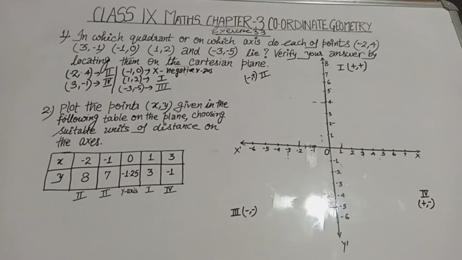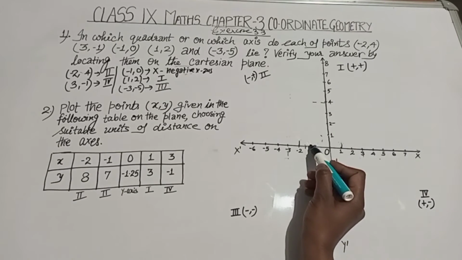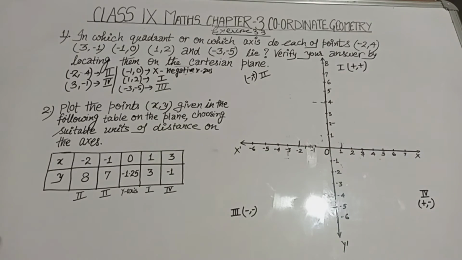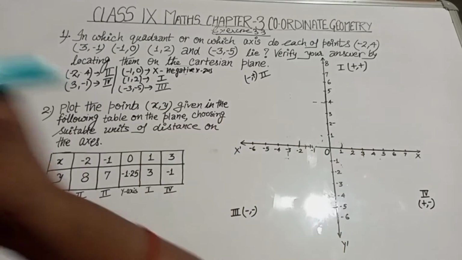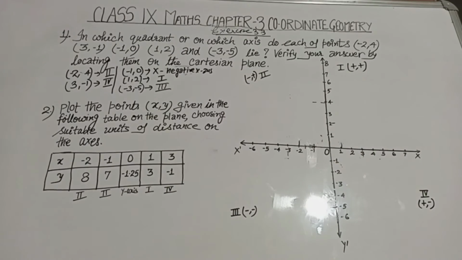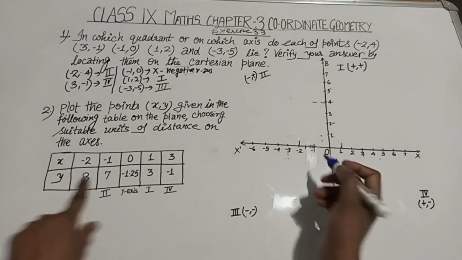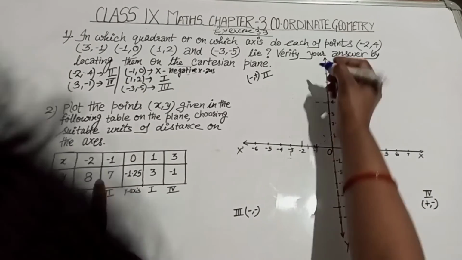Okay, so (-2, 8), second quadrant. So minus 2 and 8. So here is the answer.